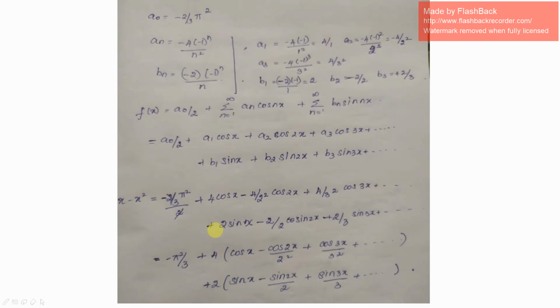And here same thing, you will substitute the value of b1, b2 and b3. Here you can see 4 is common, right? So I take 4 as a common term outside. So the remaining terms I write like this. And here also you can see all the terms are having 2. So take 2 outside. So this ends the problem.